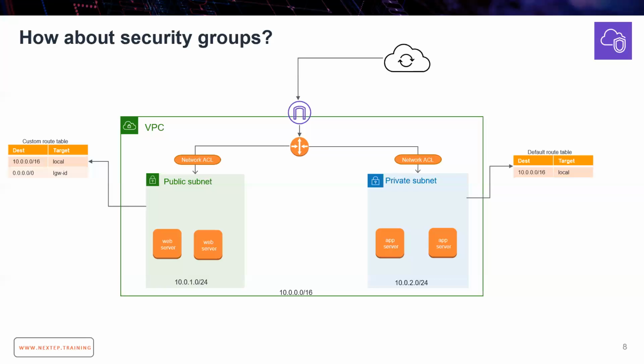You will add your private keys to that, and now when you log in from the internet, from your machine, into this public subnet, it will not only use your private key to log in, but actually it will forward that key into this one.